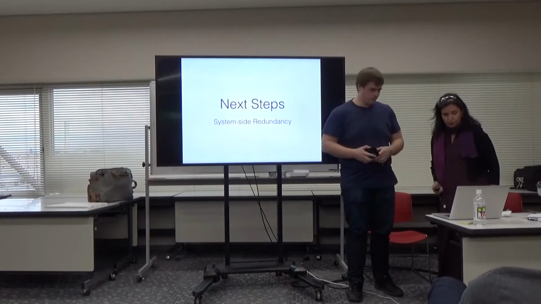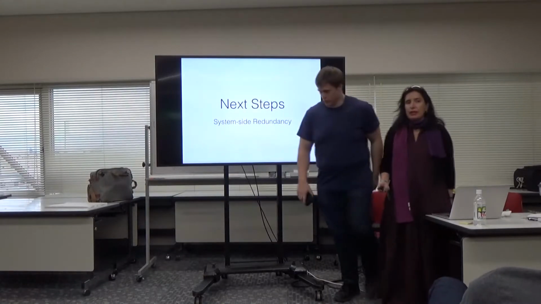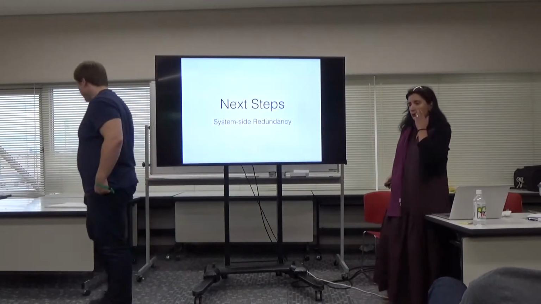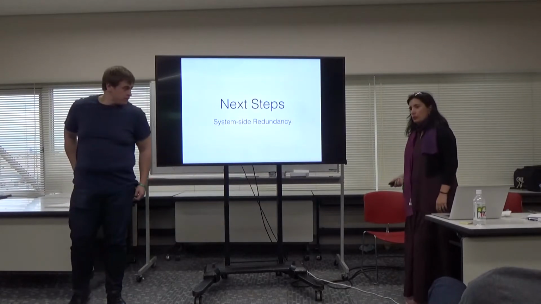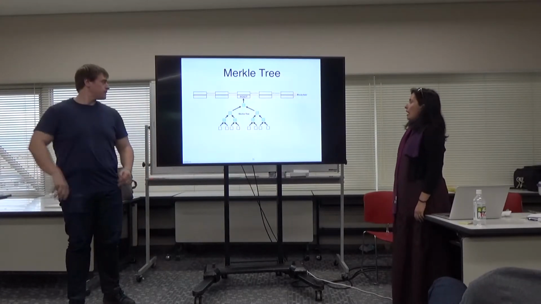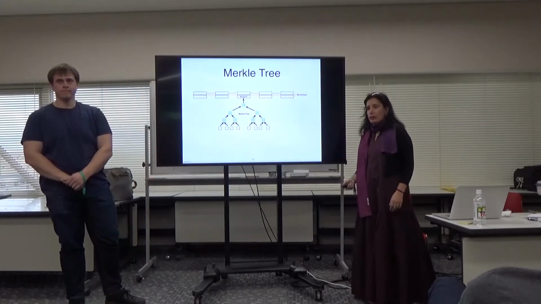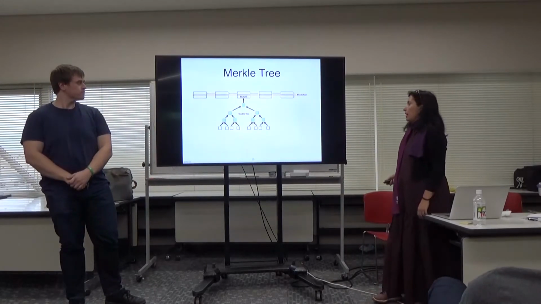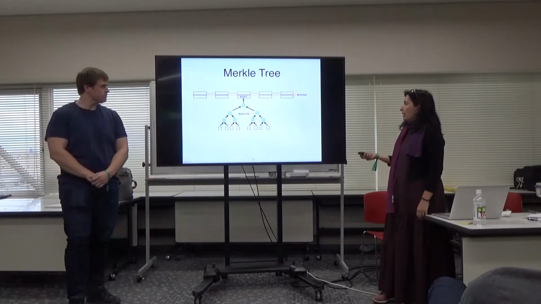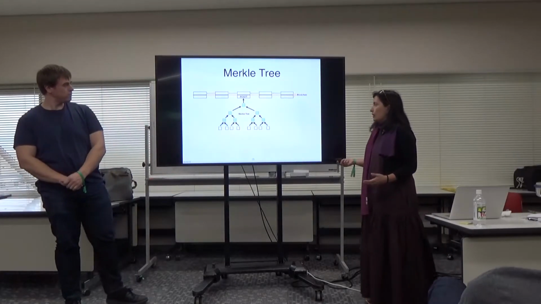So next step, system-side redundancy. What happens if we move redundancy to the network, to the system? What we are interested in now is how these Merkle trees are affected by redundancy.